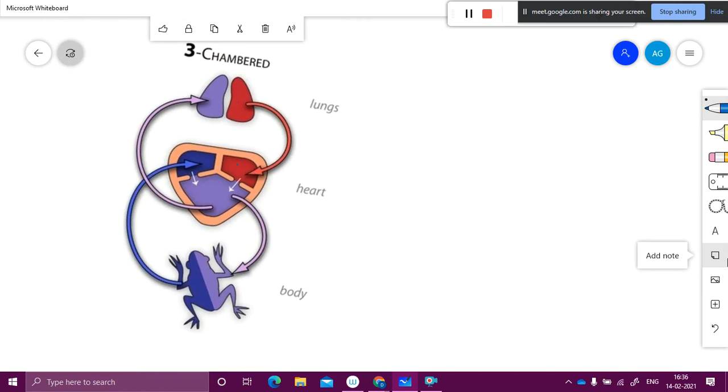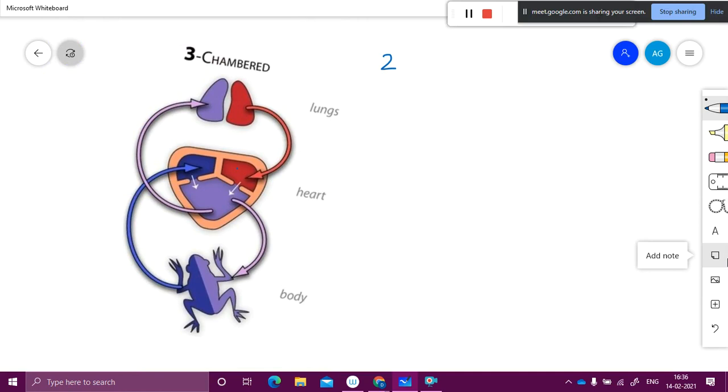This is one atrium. You have two atria and one ventricle. From the ventricle of the three-chambered heart, deoxygenated blood goes to the lungs. In the lungs, the blood becomes oxygenated and it enters through the left atrium.